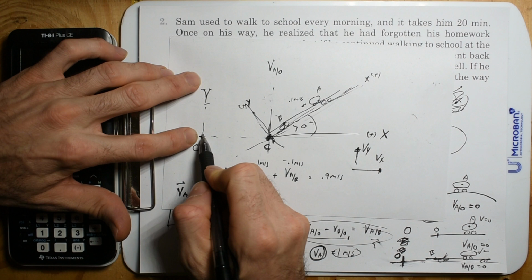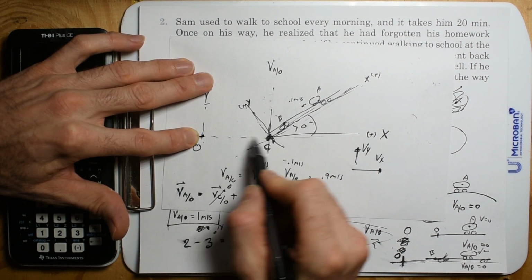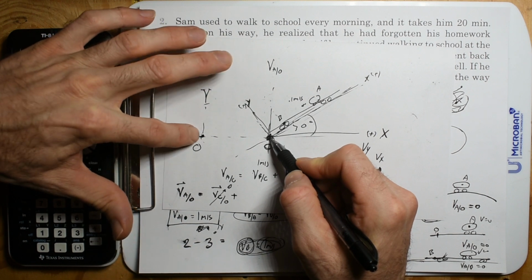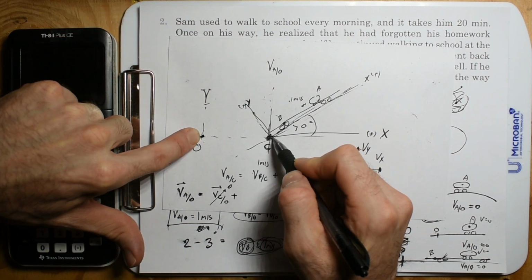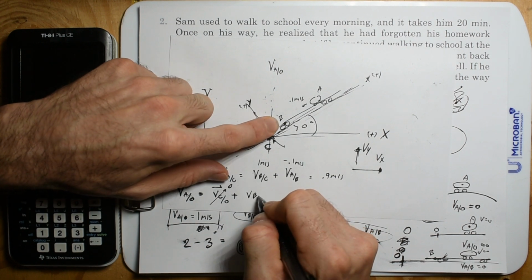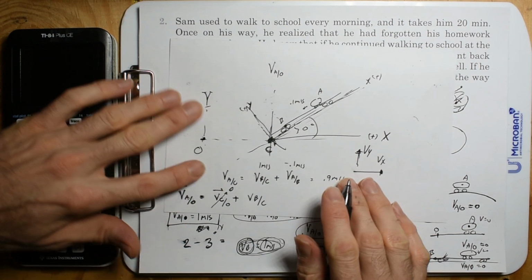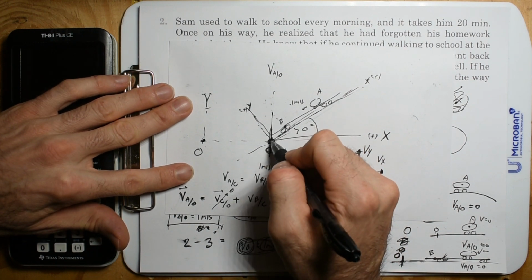Okay, so let's still keep it from this point. So the velocity of C, the velocity of the bottom of the hill as seen from over here at the train station, the bottom of the hill is not moving. All right, but now we have the velocity of the train itself relative to the bottom of the hill. Okay, so that is moving.